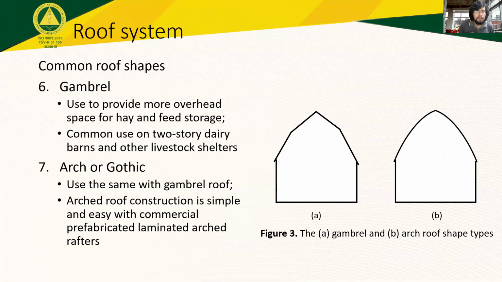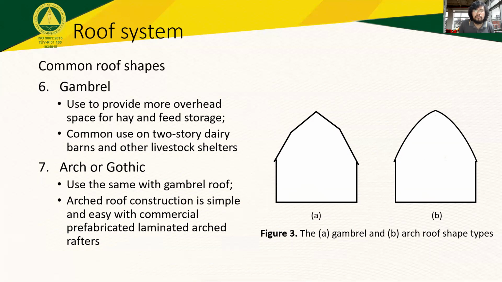The arc or Gothic is used similarly to the gambrel. You can see the similarity of these two is very obvious. It's also used to provide more overhead space for storage of feed materials.